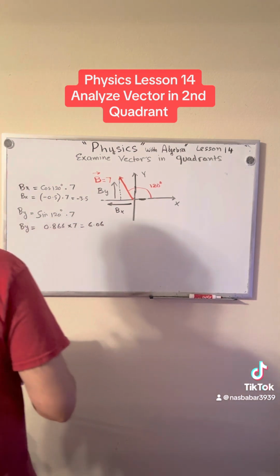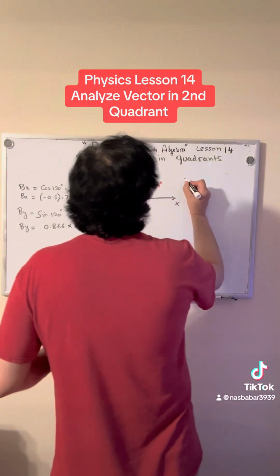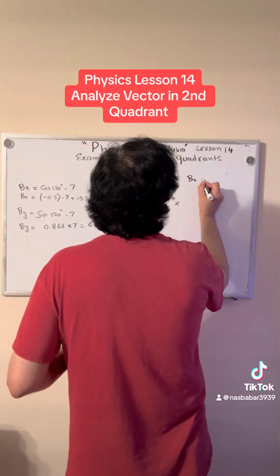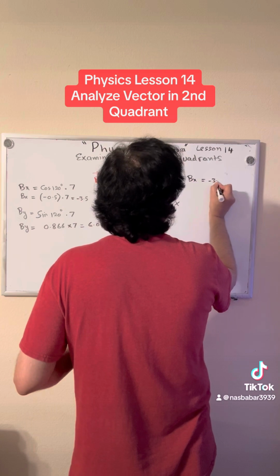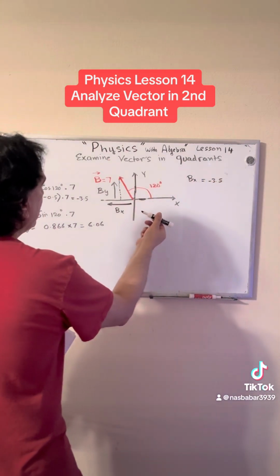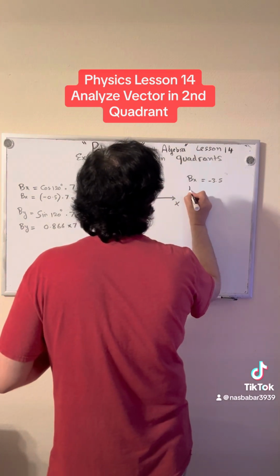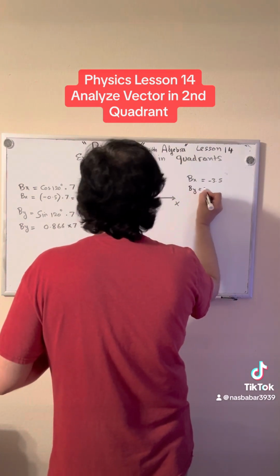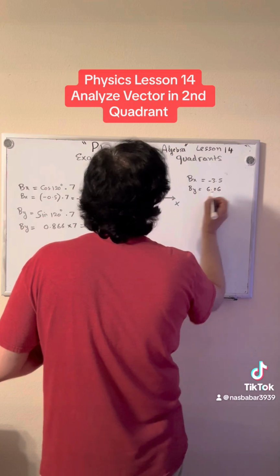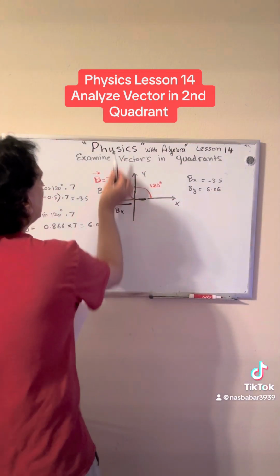So then we have a horizontal component of negative 3.5 because you're going in this direction, and the vertical component is 6.06 because it's going up.